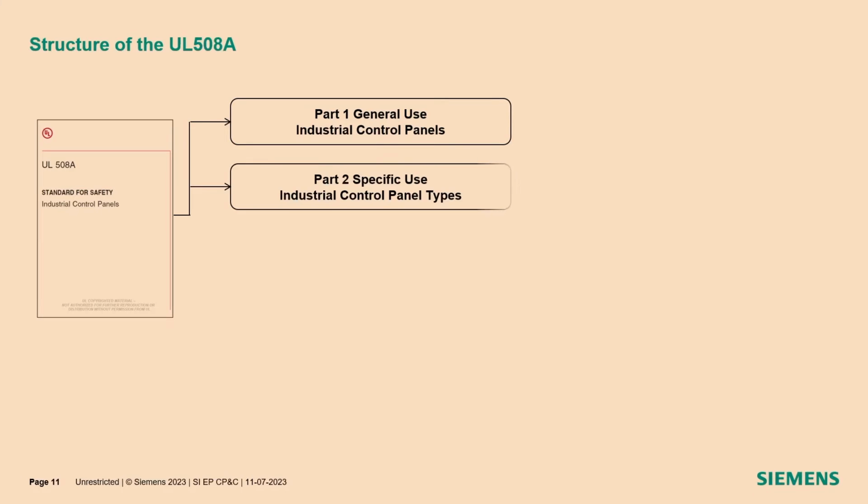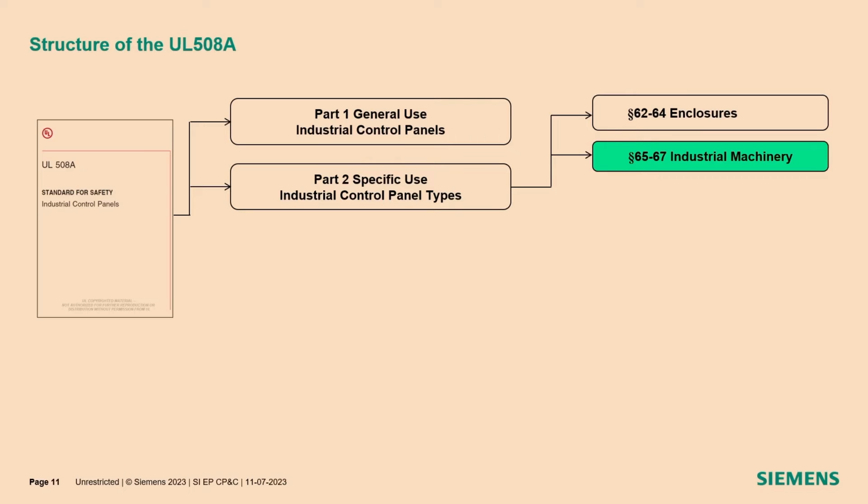But whereas in part number 1, there's also a part number 2. And part number 2 is for the specific use parts. You remember? And one of the most important specific use parts is the industrial machinery.